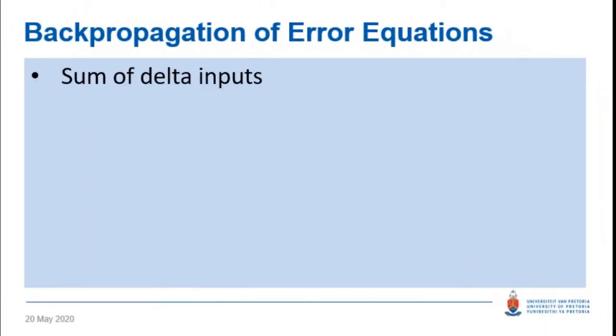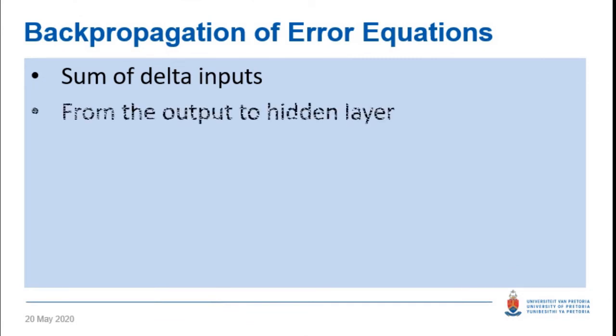This is done by using the sum of delta inputs. So in this case, the sum of delta inputs are actually being calculated from the output layer to the hidden layer. If you had another hidden layer, so we're looking at the algorithm for just one hidden layer here. If you had another hidden layer, then the same would have to be calculated from one hidden layer to the next hidden layer.